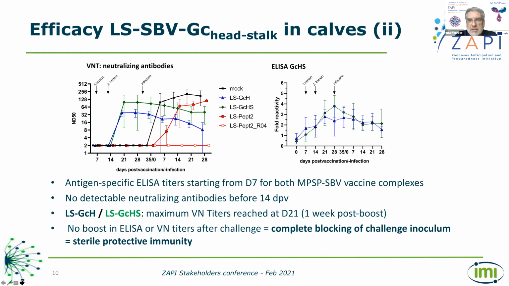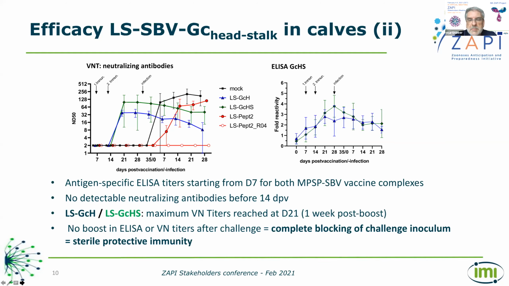So if we look at the neutralizing antibodies, you see we had the scheme of a very short booster immunization after 14 days. Until 14 days, due to the first vaccination, we did not see neutralizing antibodies. But if you look at the right graph, you see that there were specific antibodies seen in the ELISA.